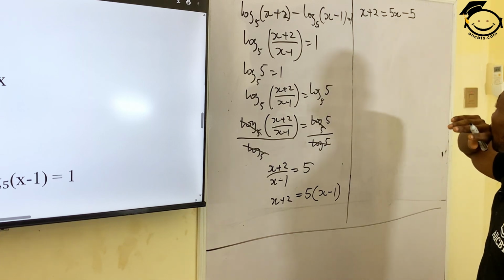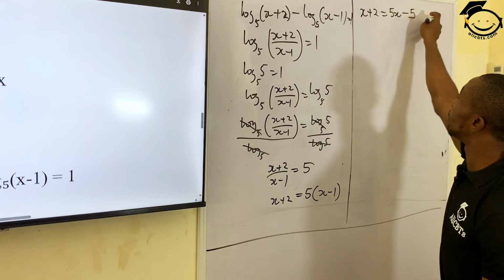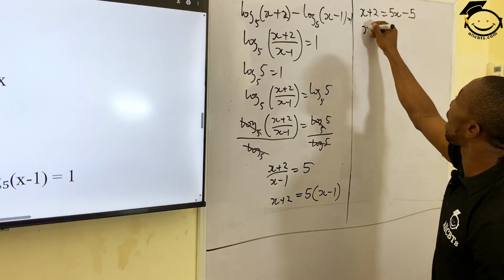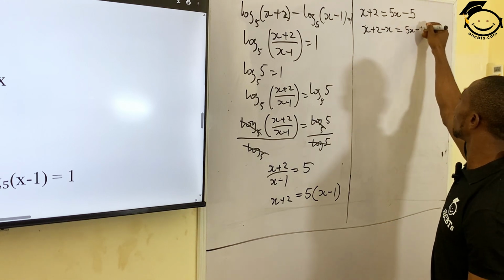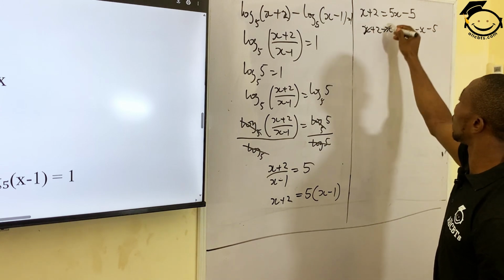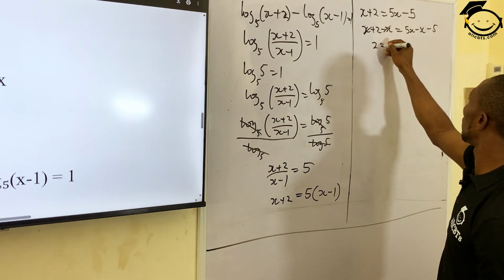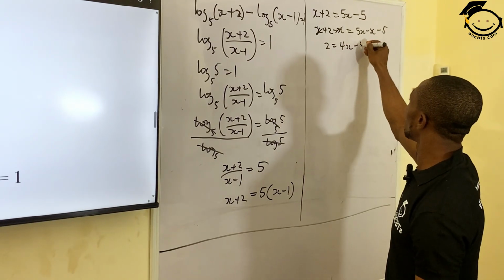Now collecting like terms, subtracting x from both sides, we have x plus 2 minus x equals 5x minus x minus 5. So this will cancel out, leaving us with 2 equals 4x minus 5.